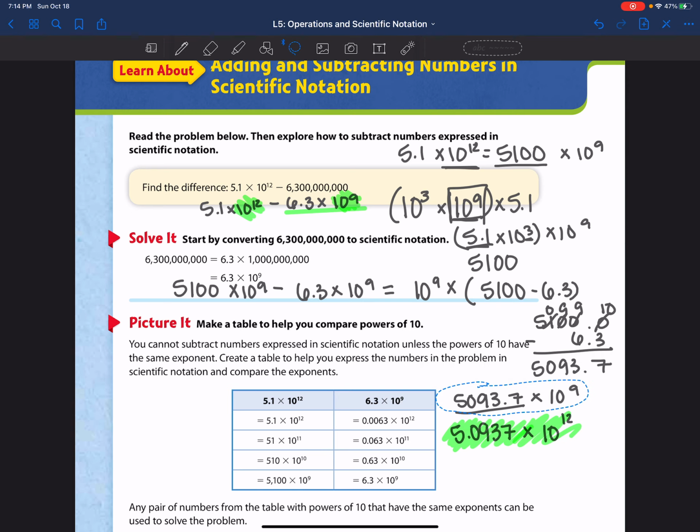So I need this to be 7.301 times 10 to the something. Since I have to move my decimal another 2 places, I'm just going to add those 2 here. And now my final answer is 7.301 times 10 to the 15th power.